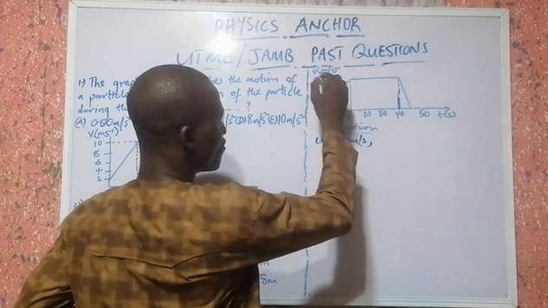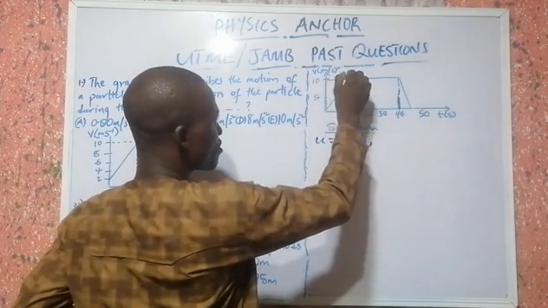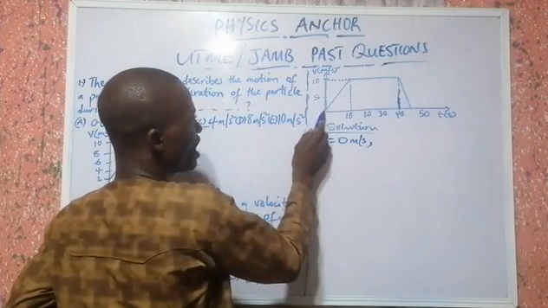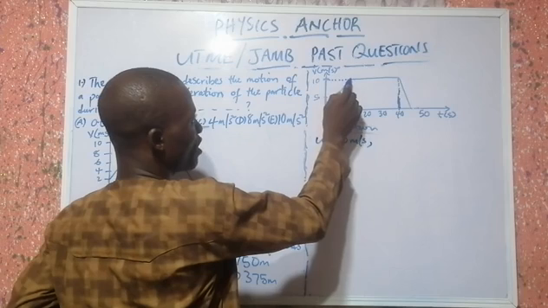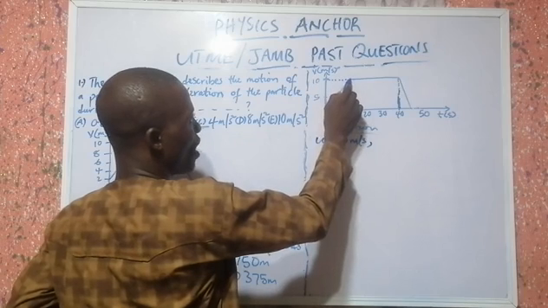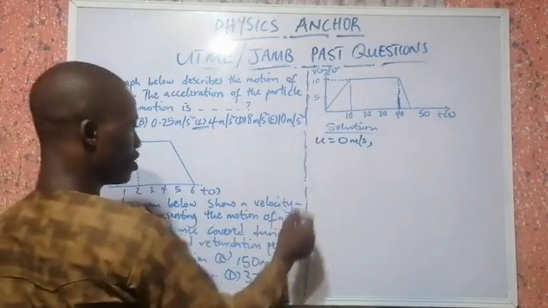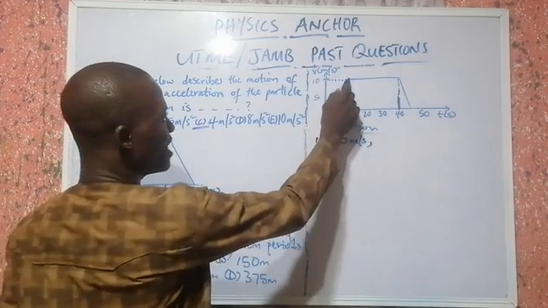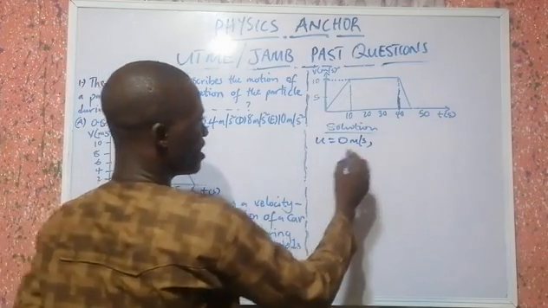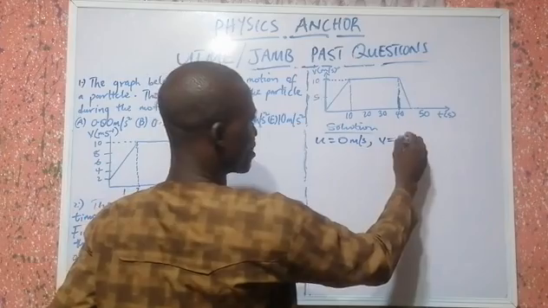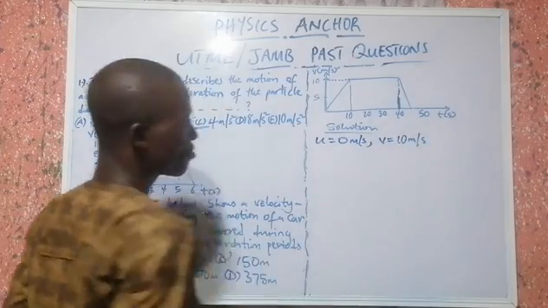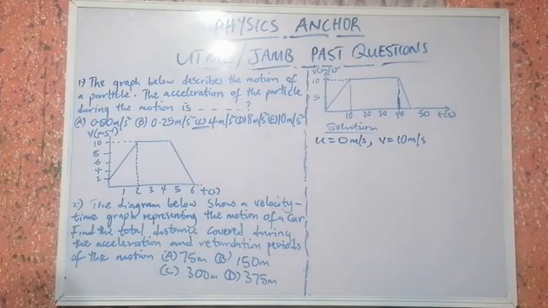If you trace this, the acceleration ended when the car attained the velocity of 10. That means V, the final velocity, is 10 meters per second.